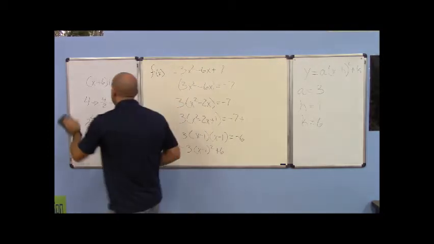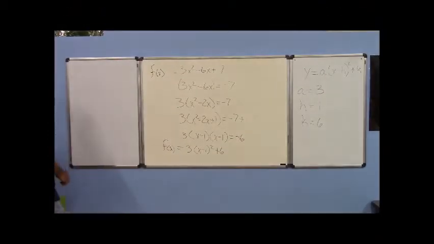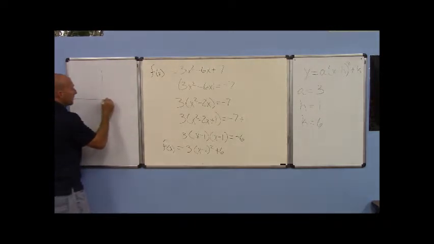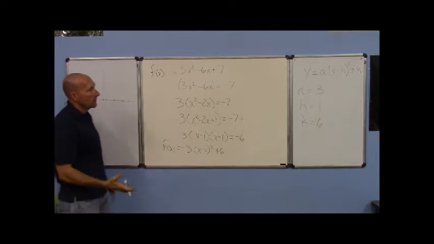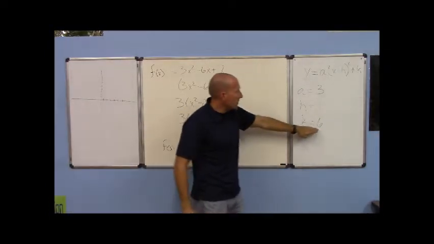All right? Now, this information, which is extremely important, is we can determine our vertex. So we have 1, 2, 3, 4, 5, 6. We know this opens up. We know that for the K, it goes up.